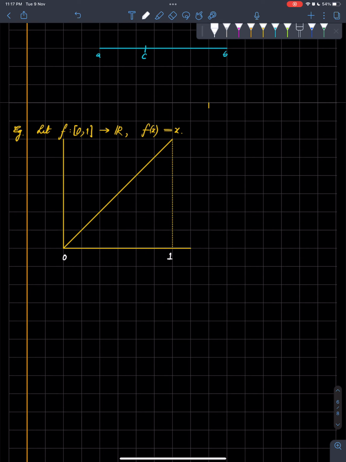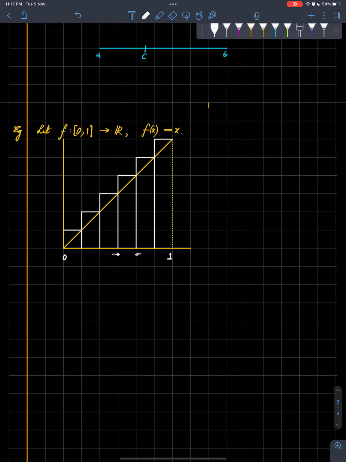So we'll take the subdivision of the following sort, the equipartition sort. So just fix a k, and then what is this length?